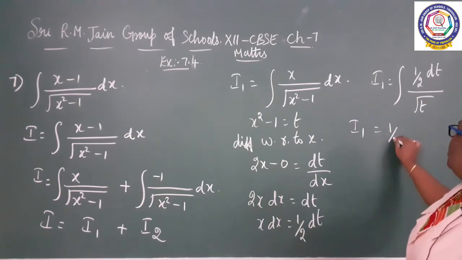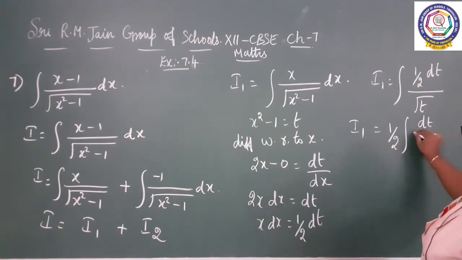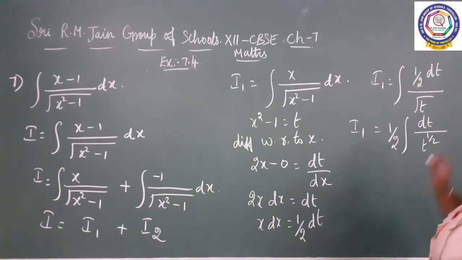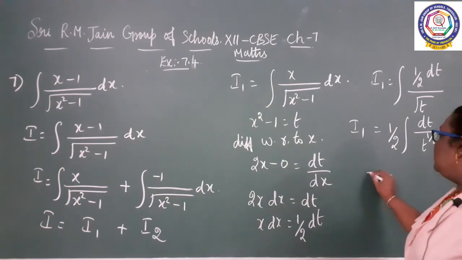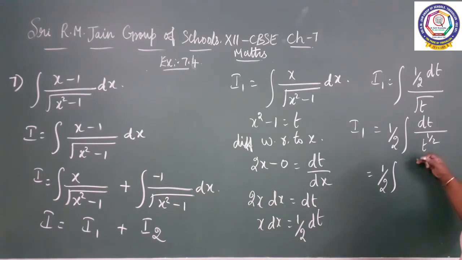I1 equals 1 by 2 into the integral of dt by t power 1 by 2. You can bring it into the numerator, and the power becomes negative. So t power minus 1 by 2 into dt. What formula can we use for this?